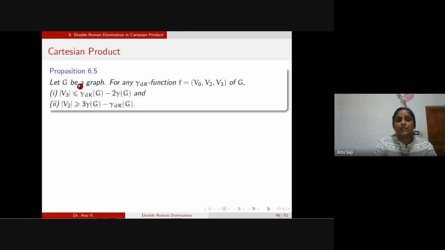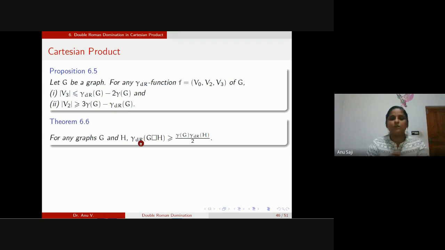We can prove that the cardinality of V3, that is the number of vertices with the value 3, is less than or equal to γdr(G) minus 2γ(G). Also, we can prove that the cardinality of the vertex set with value 2 is greater than or equal to 3γ(G) minus γdr(G). Using this proposition, we can find this inequality. That is, γdr of G □ H is at least γ(G) into γdr(H) by 2.